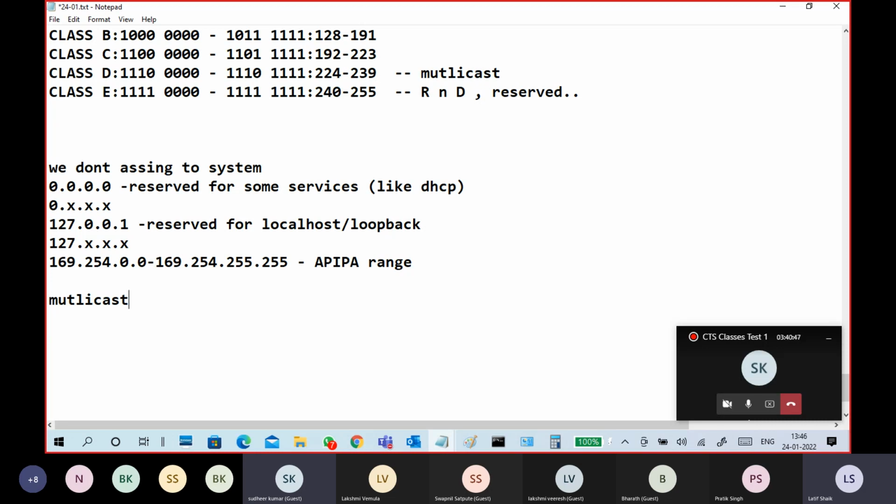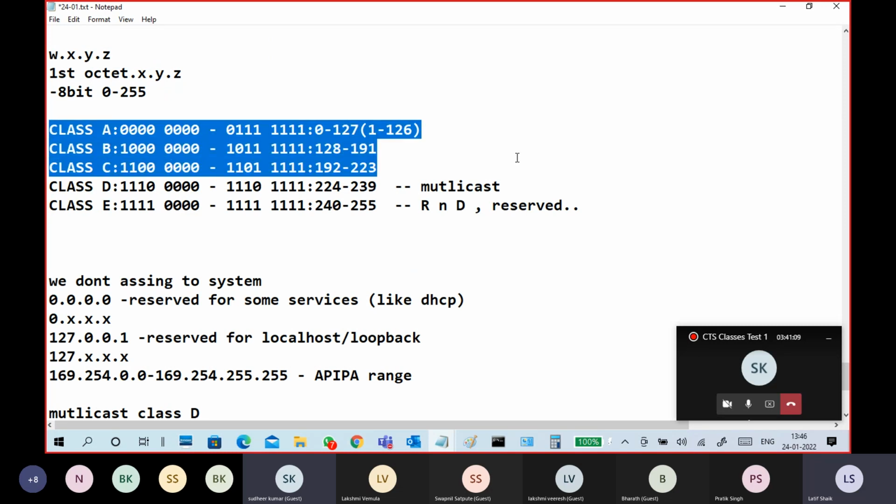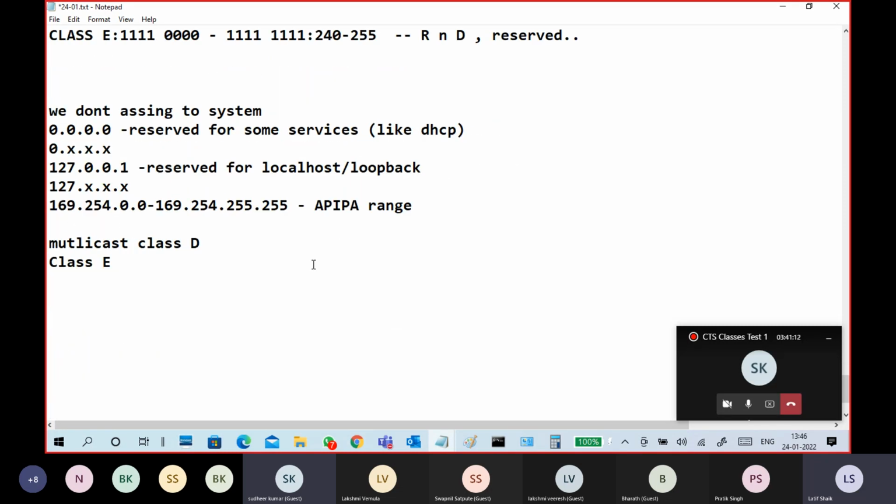We don't assign multicast IP addresses in class D, and we also don't use class E. So remember that one.